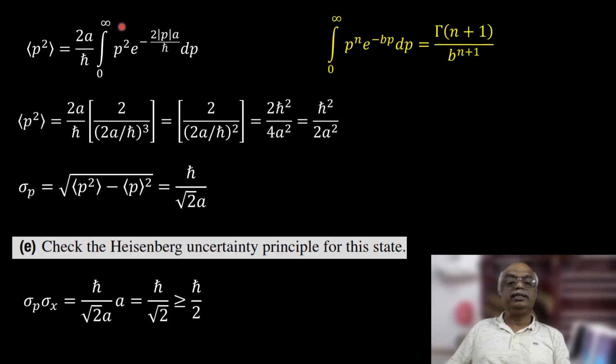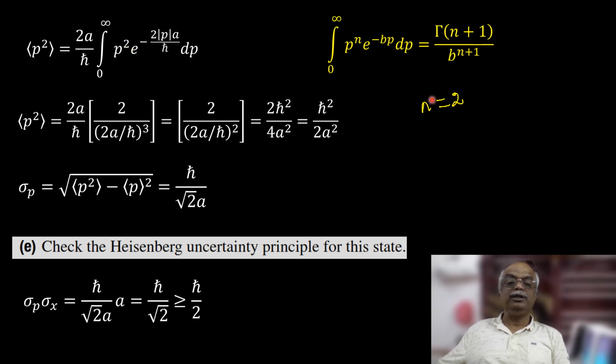Here you can see this is a gamma integral, that is, the integral between 0 and infinity of p power n e power minus q p dp is equal to gamma of n plus 1 divided by q power n plus 1. Here you can see n is equal to 2, because it's p squared.